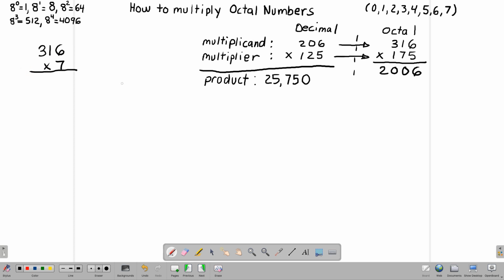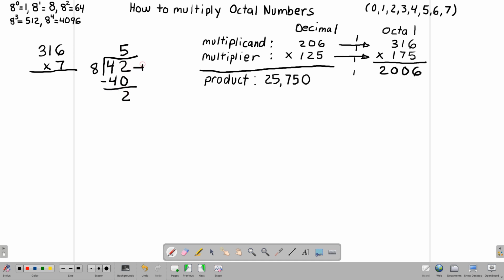All right, so 6 times 7 is 42. And we have to convert that to octal, so we will divide it into 42. 8 goes into 42 5 times, and that represents the value 40. So we subtract 40 from 42, and that leaves us with a remainder of 2.